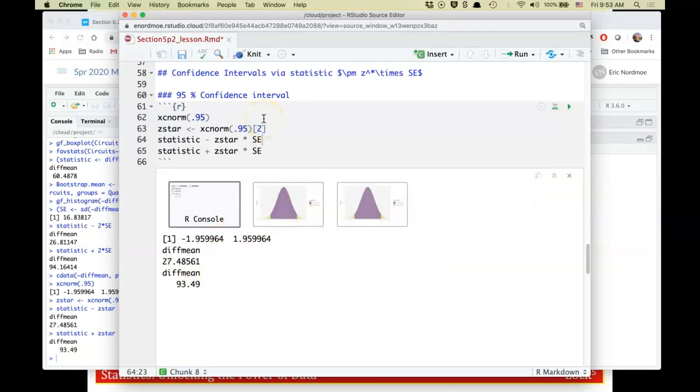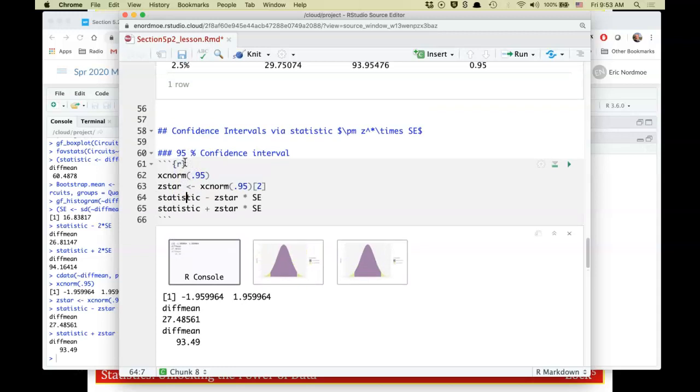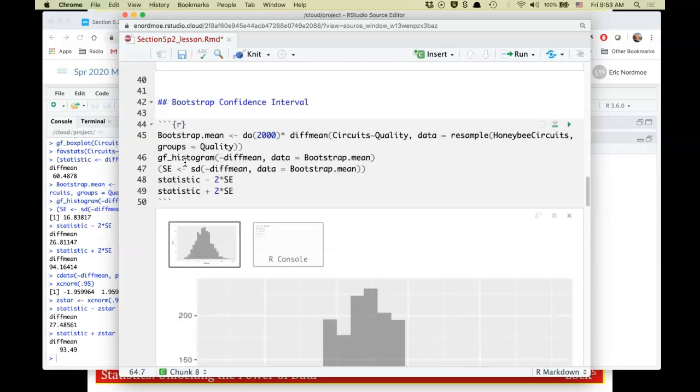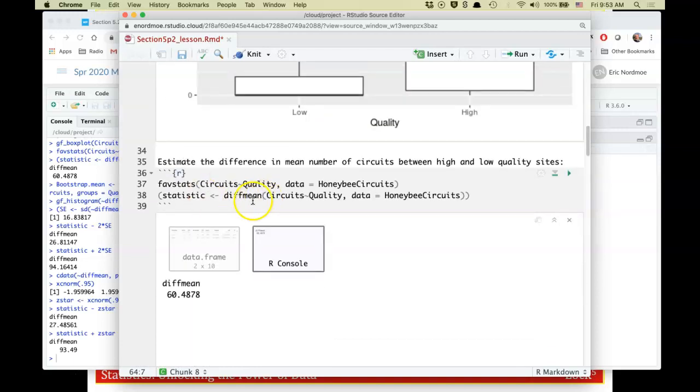All right, but that's the process. So we're using the bootstrap to get the standard error from up above. We're using the standard normal to get the right multiplier, and the statistic is the original statistic. It's never the mean of the bootstrap distribution. It's the original value that we had way up here as the difference in the means, when I first computed it.